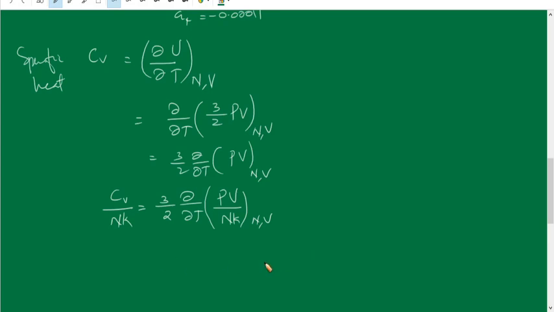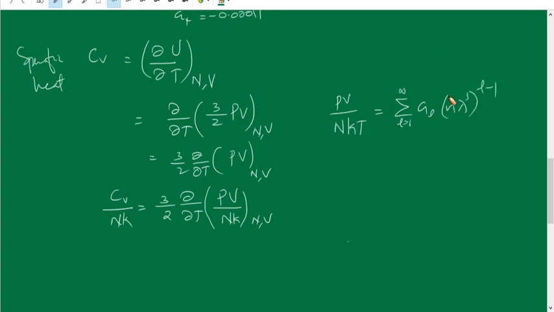But we know what this is. PV divided by NKT is equal to the summation over l from 1 to infinity of a_l (N lambda cube) raised to l minus 1.